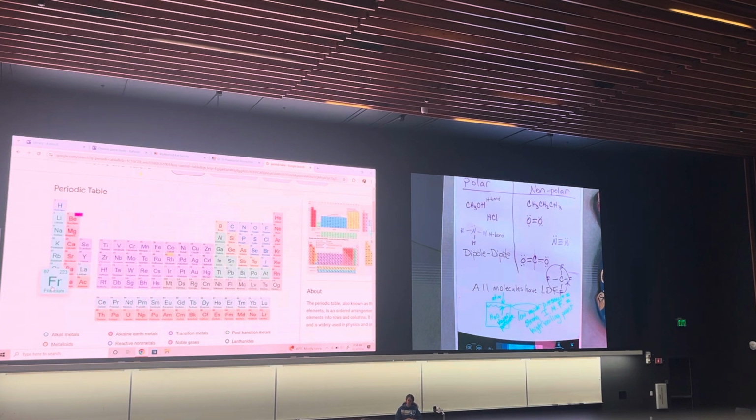Remember, francium is the biggest boy and the weakest boy. He has the lowest electronegativity and he has the lowest ionization energy. And then we get smaller as we go towards fluorine. Fluorine is the smallest boy and he's the most angry. He has the highest electronegativity and the highest ionization energy. Those are the three trends you need to know for general chemistry.